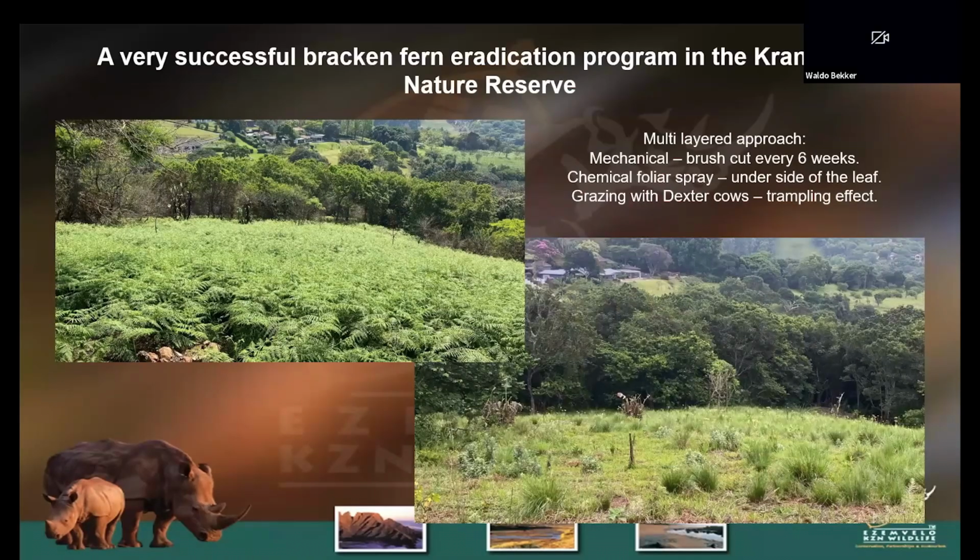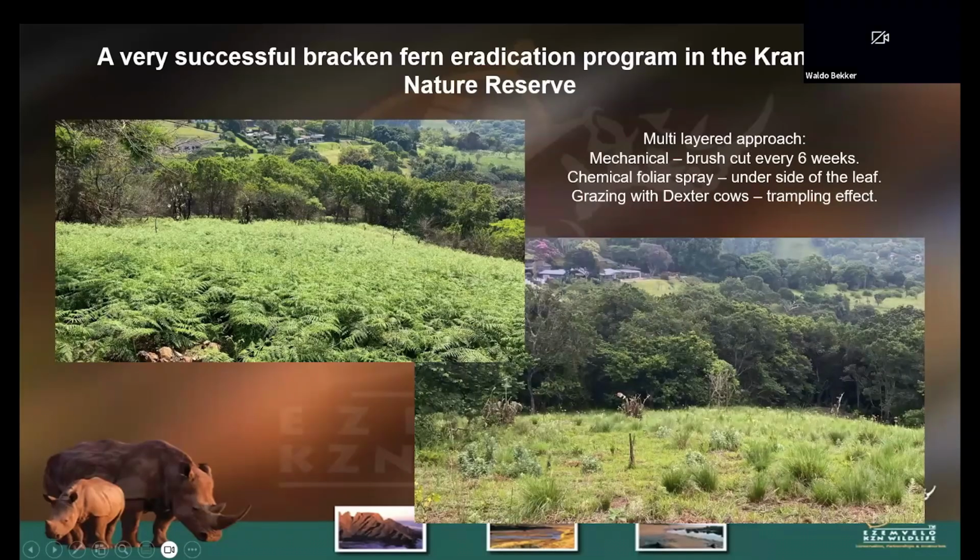You put the extension of your sprayer underneath through the leaves, and as you spray from the bottom up, you spray onto the stomata of the leaf, and we went from a 10% success to a 95% success in literally one go, just because we changed the method.